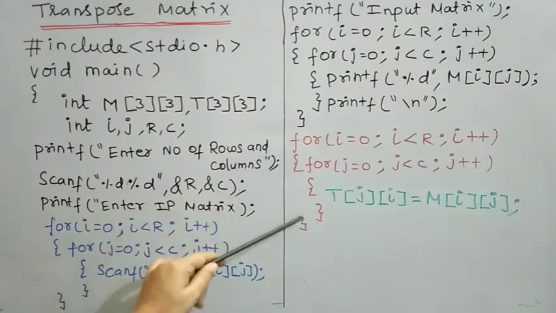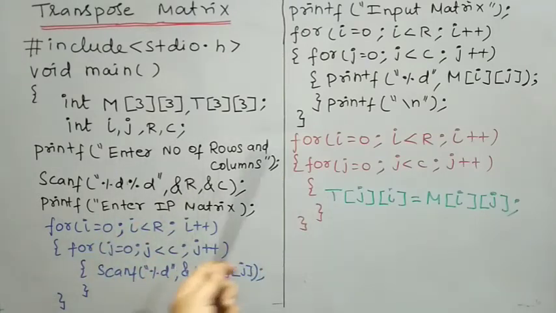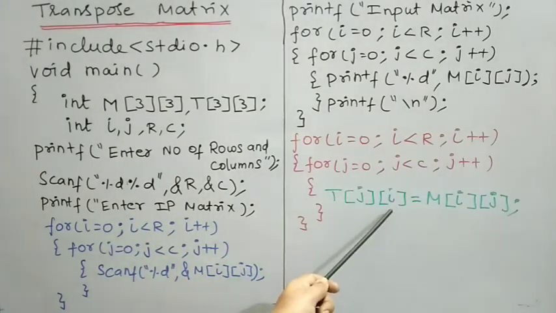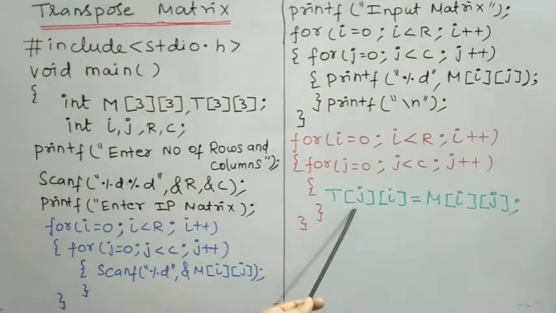Then we are supposed to perform the transpose of the input matrix. Transpose of the input matrix, as we discussed, is performed using this statement: M of i of j is converted into T of j of i.